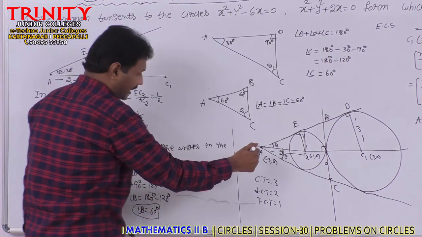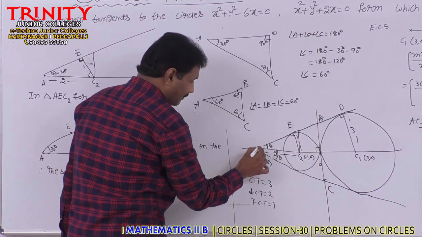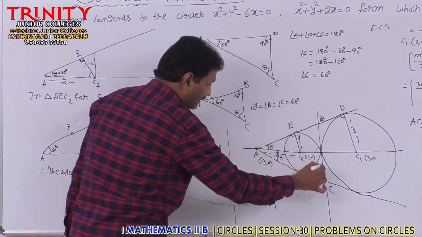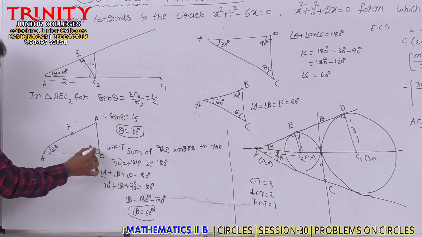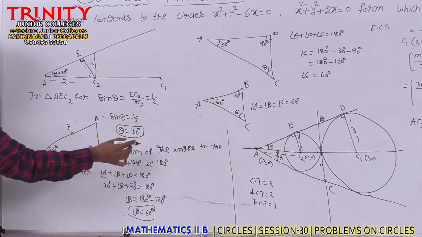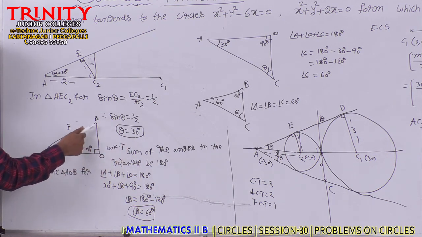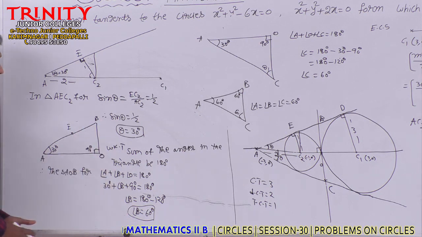We take our required triangle ABC. This angle is the same. This is one line, this is another line. In triangle ABO, this angle is 90 degrees and here the angle is 30 degrees. We know that the sum of the angles in a triangle is 180 degrees. The remaining angle is 60 degrees. Here angle B equals 60 degrees.